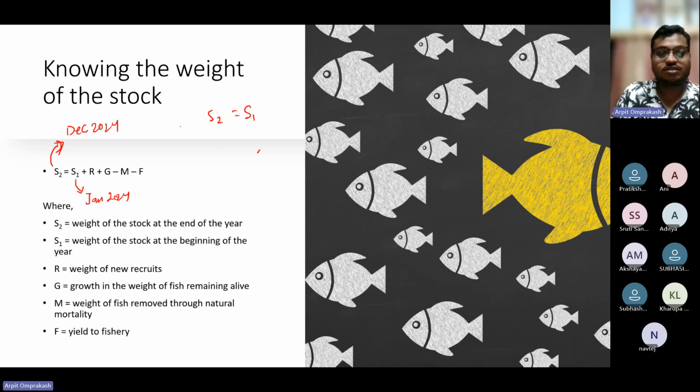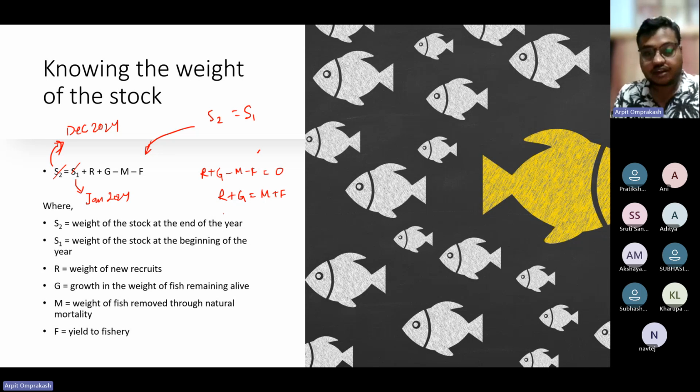Now, if we put this condition into this equation, these two will cancel out. So what we are left with is R plus G minus M minus F is equal to 0. So R plus G is equal to M plus F. So the weight that is added due to new recruits and the weight that is added due to growth of these individuals should be equal to the weight that is removed due to mortality, or individual deaths, and the weight that is removed due to fisheries.